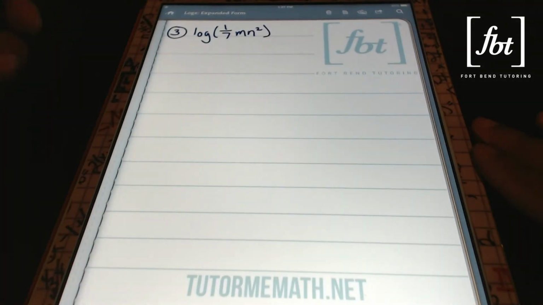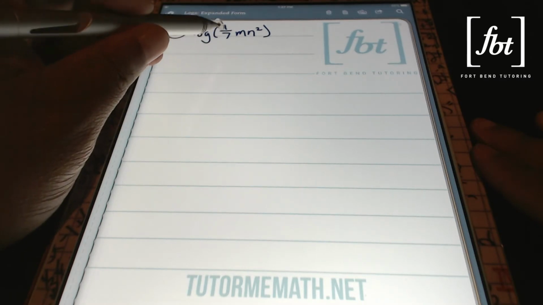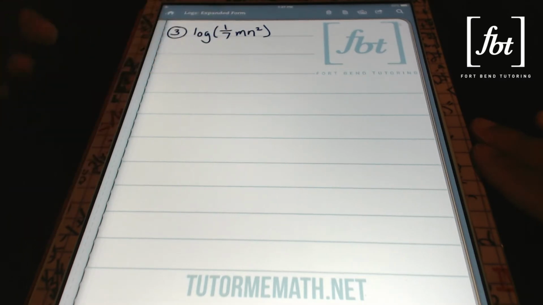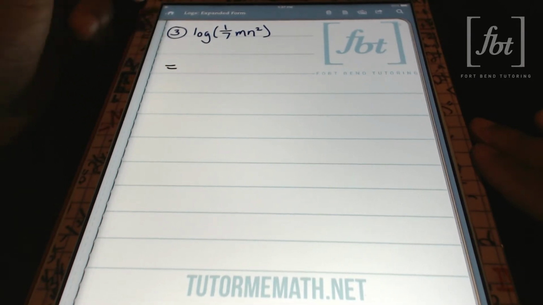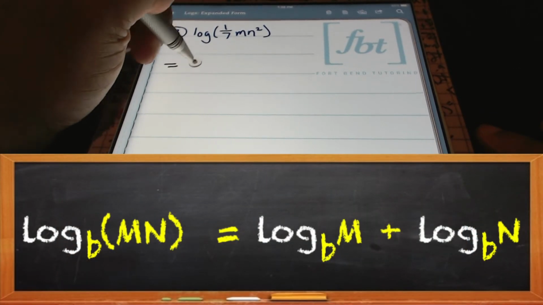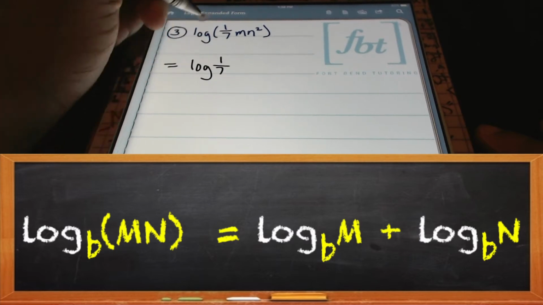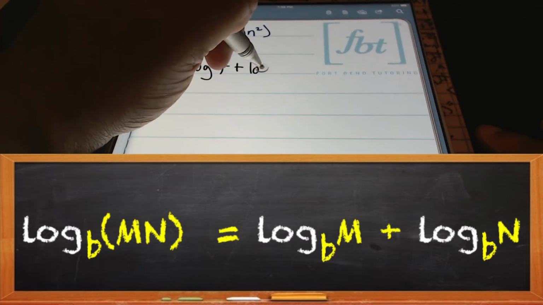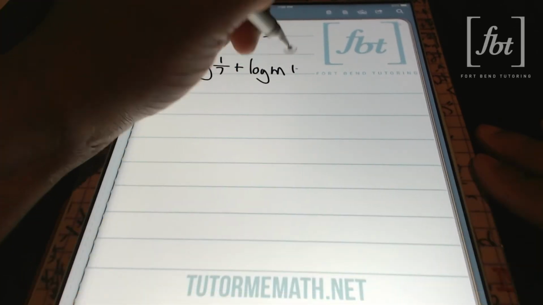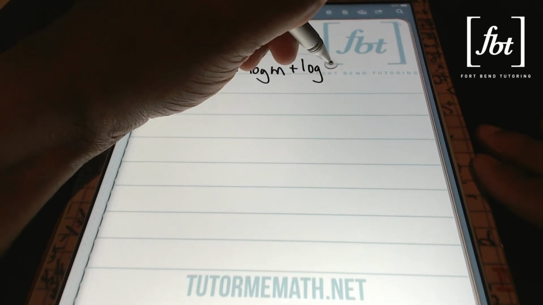Problem number 3. We have log of 1/7 mn squared. We have 1/7 multiplying on m, which is multiplying on n squared. So let's go ahead and expand this using the product rule. We're able to rewrite this as log of 1/7 plus log of m plus log of n squared.